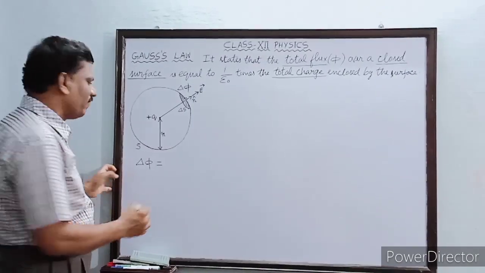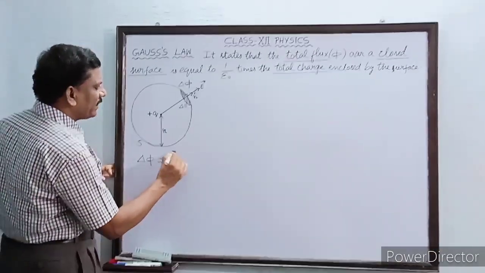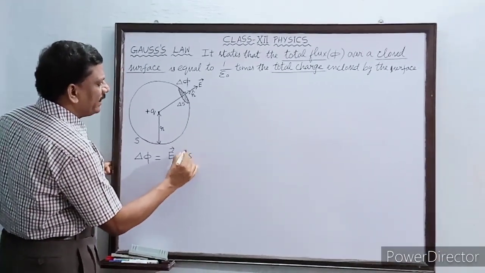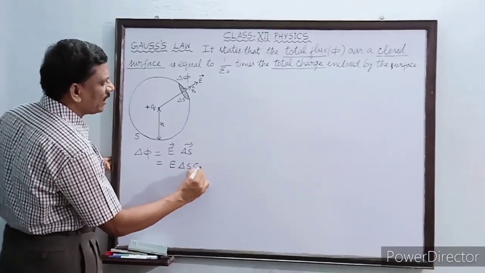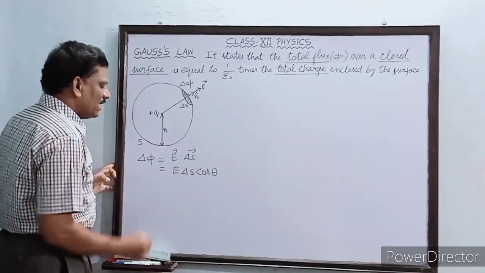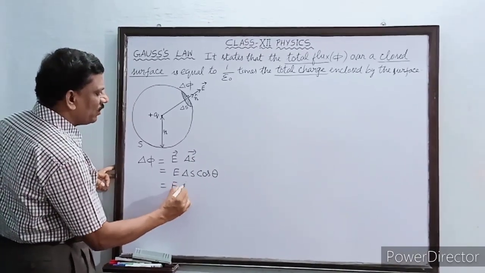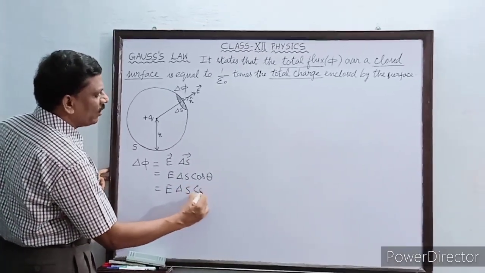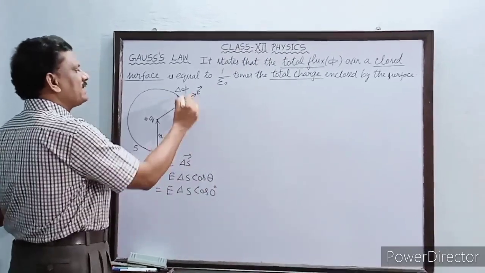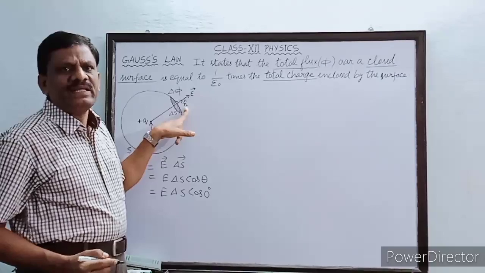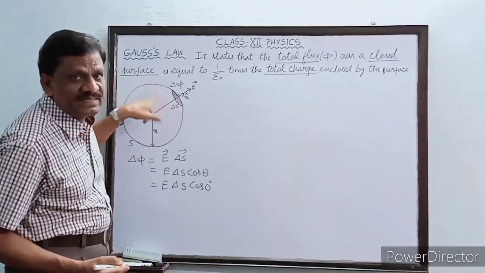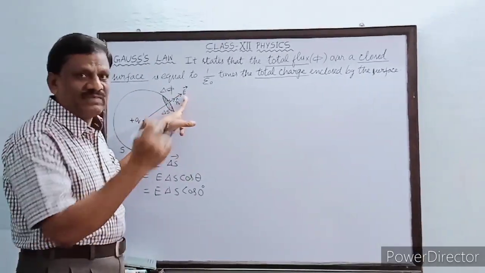The dot product of what? E vector dot product delta S vector. So, this is equal to E into delta S into cos theta. And this is equal to E into delta S into cos 0, because here you see that the area vector is perpendicular to the surface, and it is along the direction of the electric field.